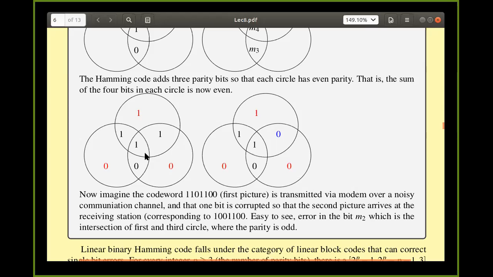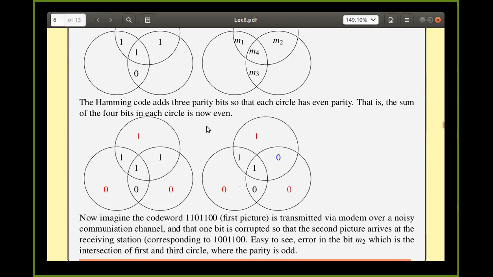If you look at these two, the parity bits you can call P1, P2, P3. Which symbol is changed? M1, M2, M3, M4, P1, P2, P3. M2. M2 changed.